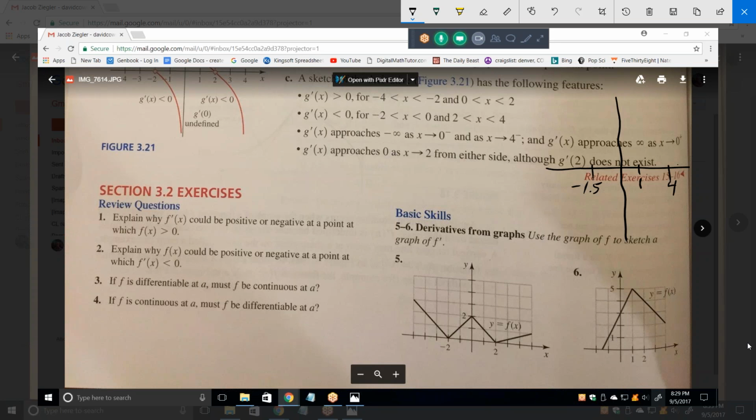So what's the slope from 1.5 to 1? Hold on. The easiest way to do this, Jake, is to find points that go through corners.